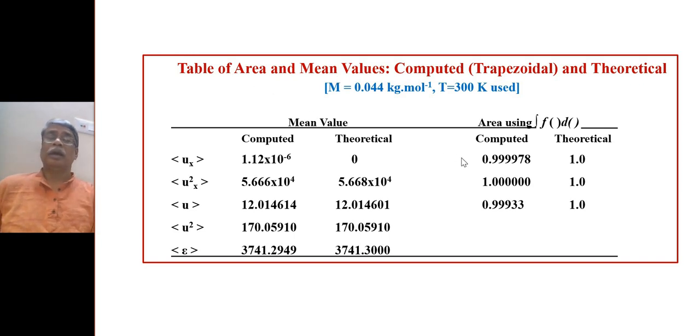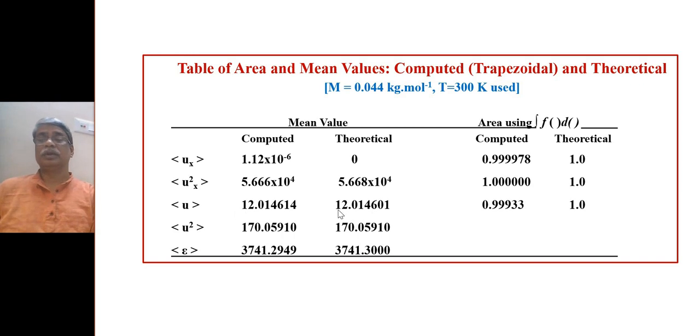That means the integral, a kind of normalization. So ux average is supposed to be 0, as I mentioned, and we are getting 10 to the minus 6, or we can even improve this result even better. It's a very small quantity, we can treat it as 0. Then ux square average, you see the results are almost the same, the theoretical and the computed by our scheme.